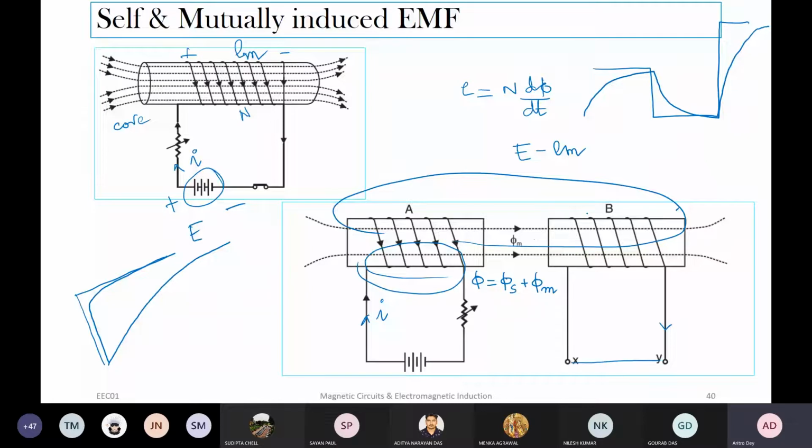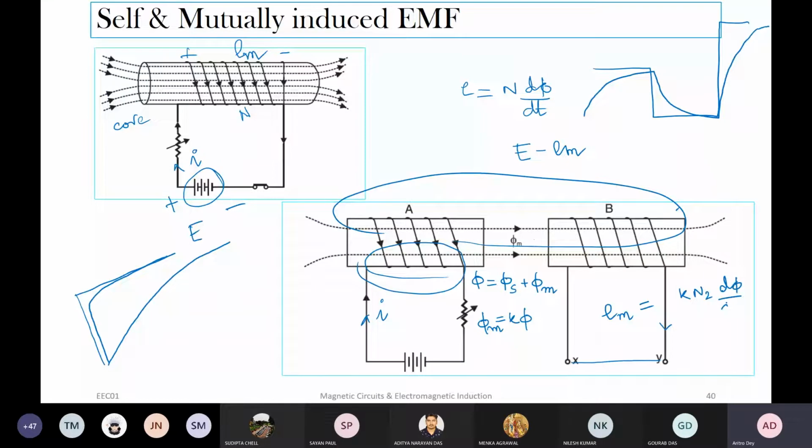So this is phi m, which is actually a fraction of the total flux phi. Okay, so you can write this E mutual is equal to K into N2 into d phi dt.